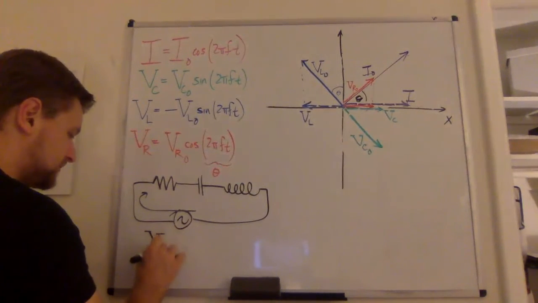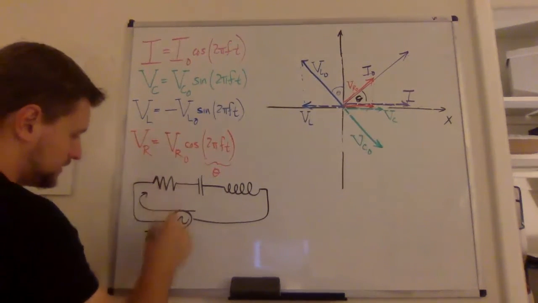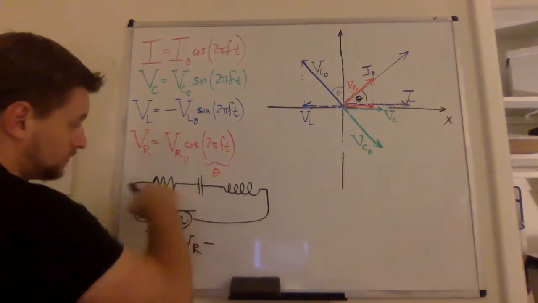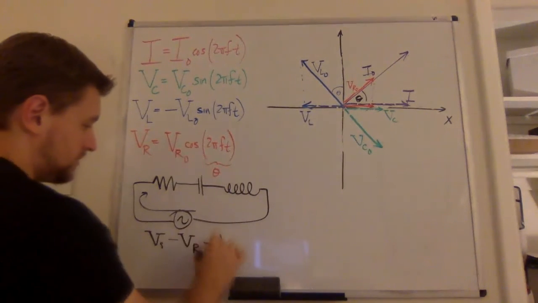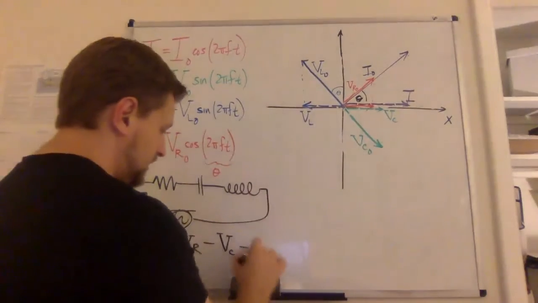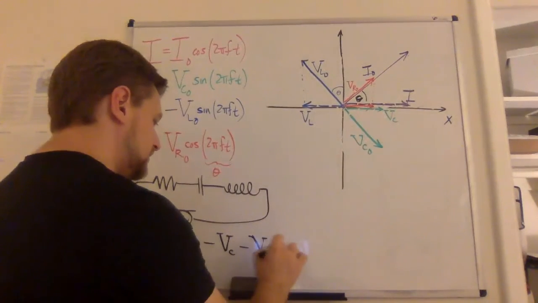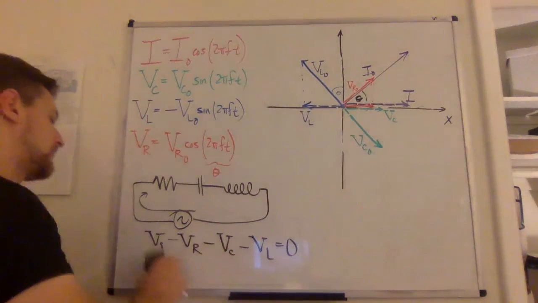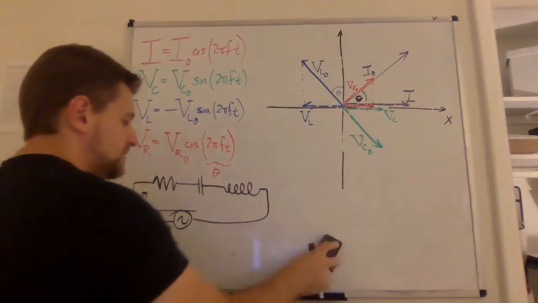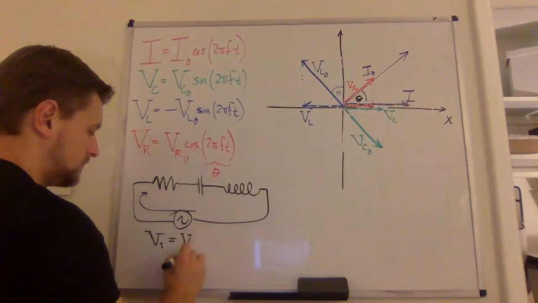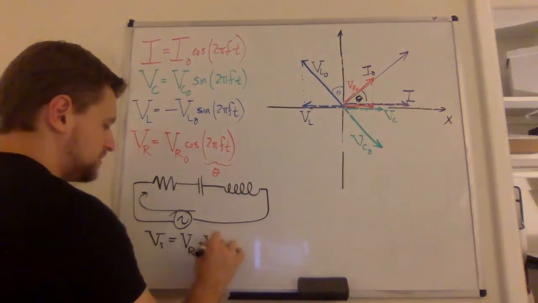The potential difference across the battery going this way. We lose some in the resistor. We're going this way around. We lose some this way in the capacitor, this way in the inductor. It all has to add to 0. In other words, the potential difference across the source is the sum of the potential differences across the pieces.